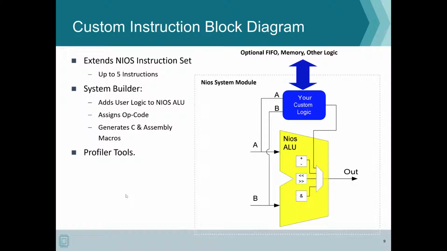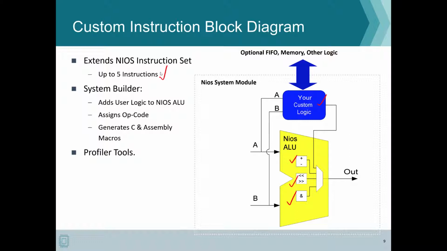We can also develop our custom logic. Here you can see we have a Nios ALU, which in the simple version has addition, subtraction, shift operations, and logic operations. But let's say for some reason you want to create your own logic. You can create your own logic, and we can include up to 5 new instructions as part of your design.